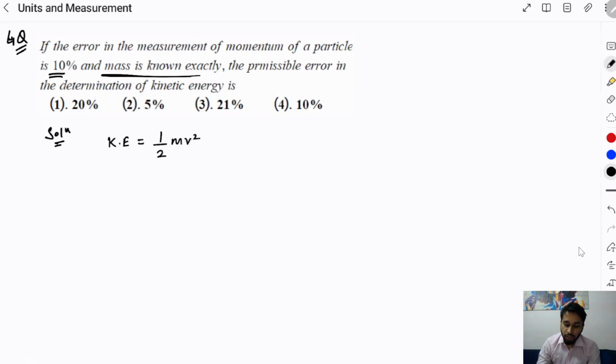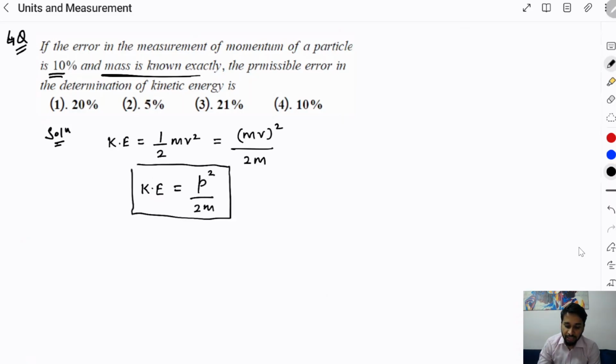Okay, now if you multiply and divide this with m, it will become m into v whole square divided by 2 times m. Okay, so here I have multiplied and divided with m. Now m into v is nothing but the momentum, so kinetic energy will become p square by 2m. Okay, so this becomes the relation between kinetic energy, momentum and mass.